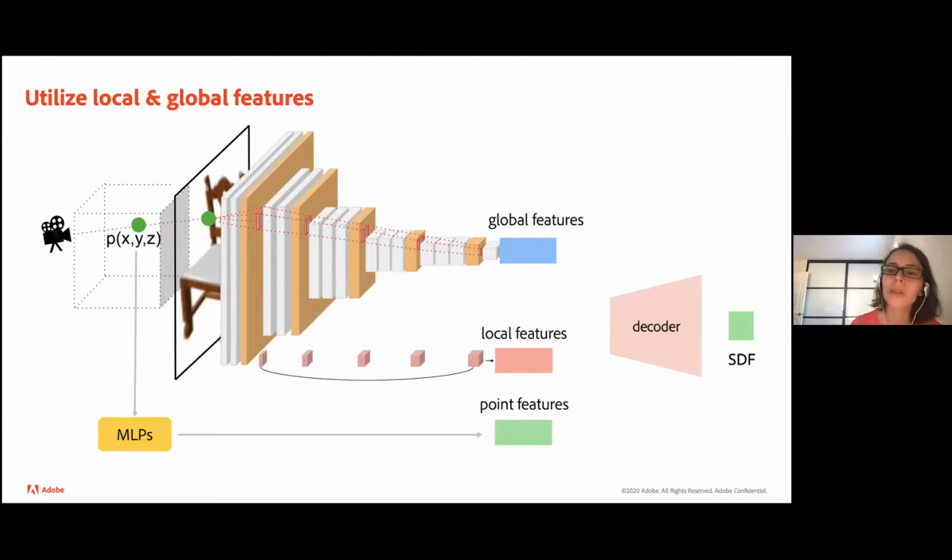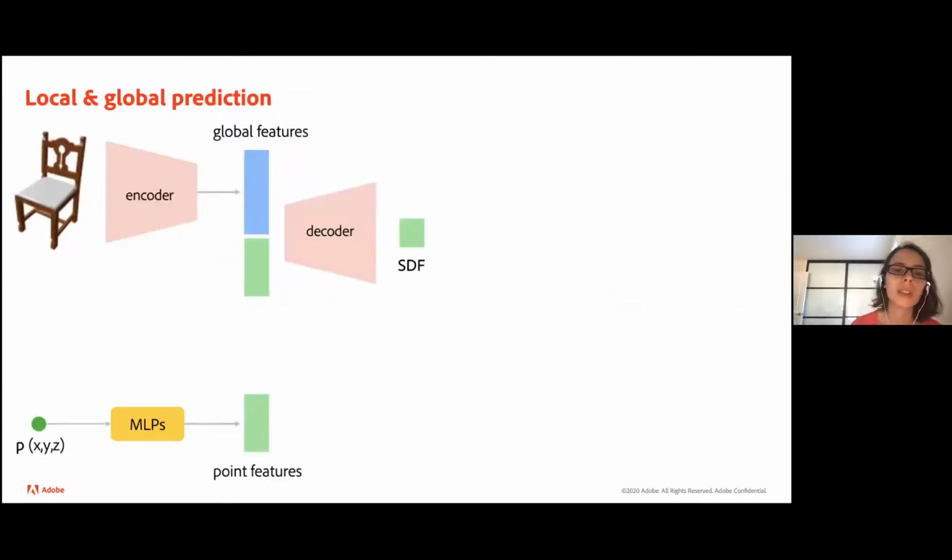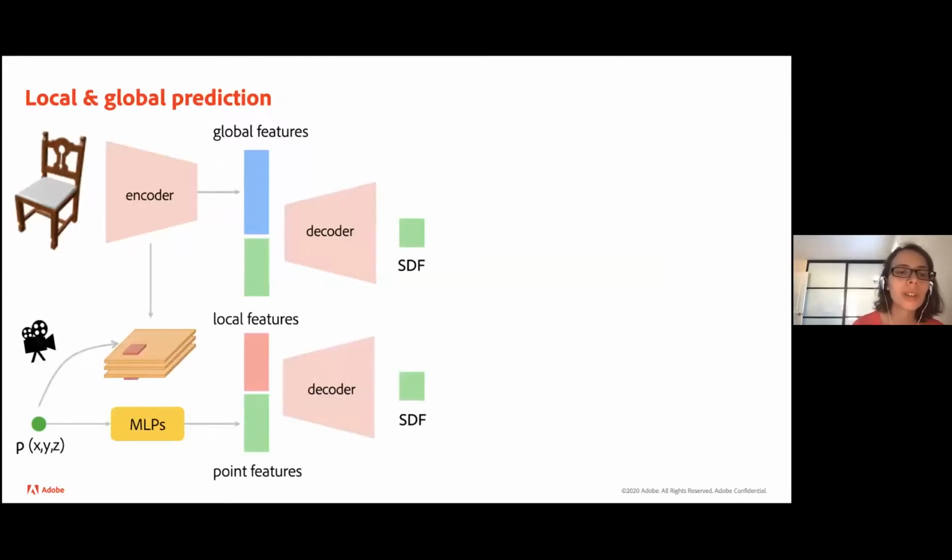So we took this idea one step further. Instead of training one network architecture that would combine all these features and predict the SDF, we tried to design a two-network architecture. The first is similar to what I described in the beginning: you extract your global features and make an SDF prediction.